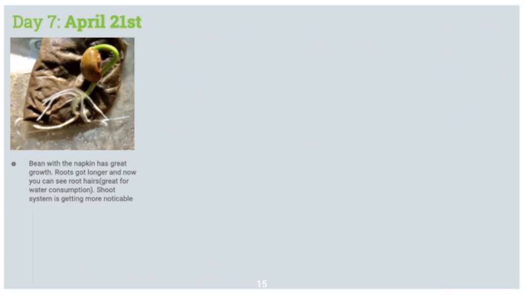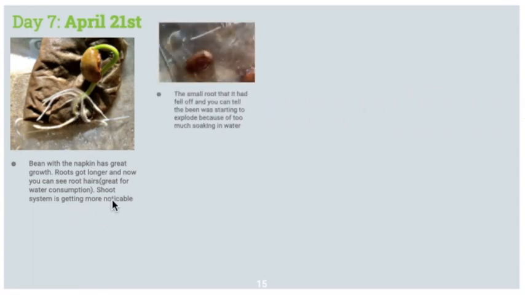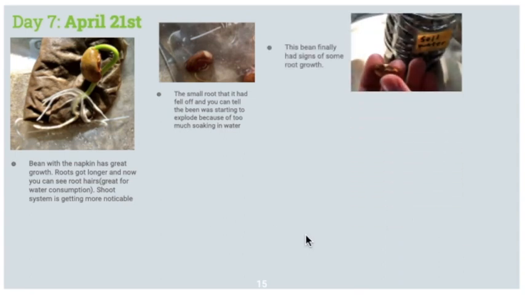On day 7th, April 21st, the bean with the napkin had great growth. As you can see the roots, you can also see hairs right there. And then the bean that was submerged in water, it had a small root, but you can tell that it fell off. And the bean has been starting to explode because of too much soaking in the water.